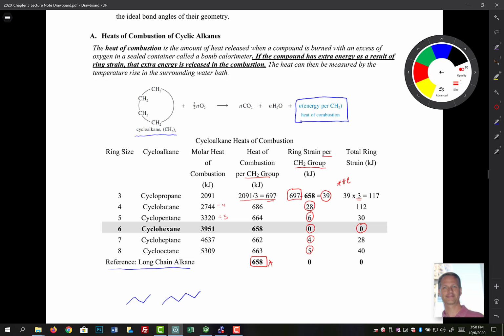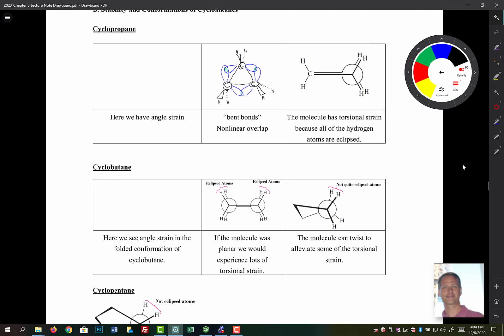Cyclohexane is special. So let's look a little bit closer at some of the strains that we see in the lower number cycloalkanes. So cyclopropane is 1, 2, 3 carbons, right? We know that each of these atoms is sp3 hybridized, and we know the desired bond angle is 109 degrees.